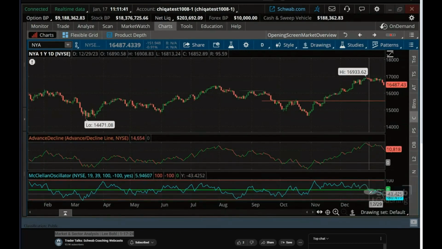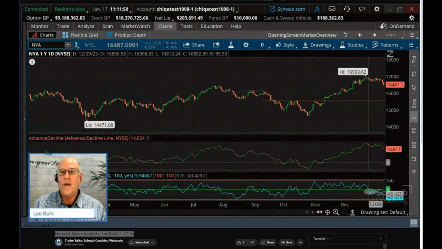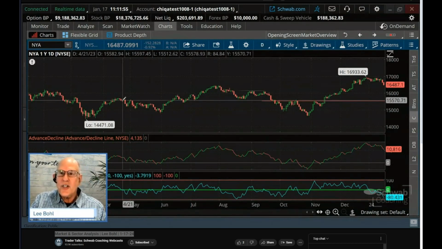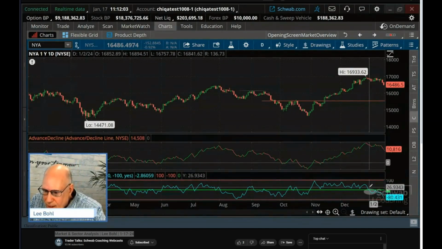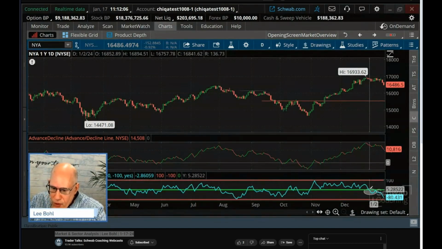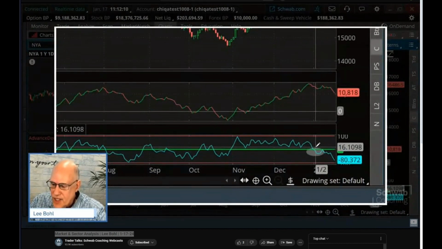The McClellan oscillator is a measure of the momentum of the advance-decline line, and if that starts to falter, that can sometimes be a bit of a cautionary signal for some technical traders. I pointed this out a couple of weeks ago when we had the first time under zero, which is the signal for some technical traders with the McClellan oscillator, okay?